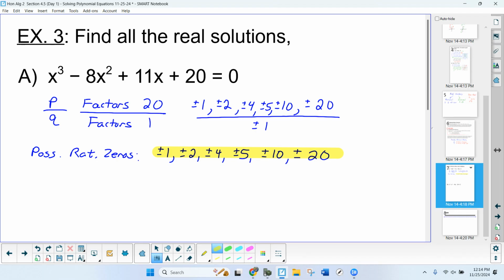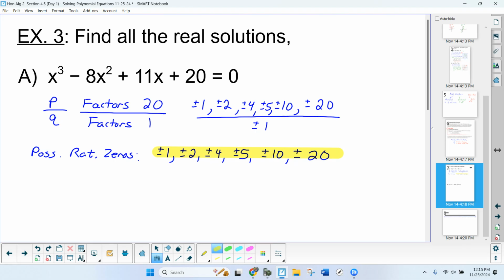Now, if they're a zero, they're an x-intercept, they're a root, they're a factor. How could I check that this is a factor of that polynomial? Not plug it in for us. Synthetic division. So I had to just start with one of these numbers and pray that I got a 0 for my remainder. And you just kept going down that list until you got 0 for your remainder.